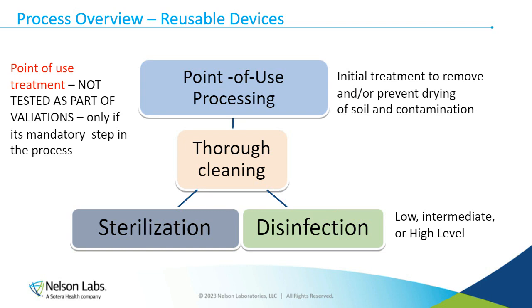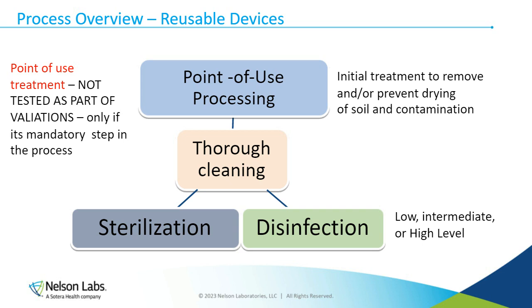Now, if you look at the process in a healthcare setting, you will see point of use processing. That is right at the bedside or after surgery, where they're putting the instruments into some sort of a container that will be taken down to the reprocessing area to clean all those devices. So that usually is not part of the cleaning validation. We omit that point because not all hospitals actually perform it the same way.